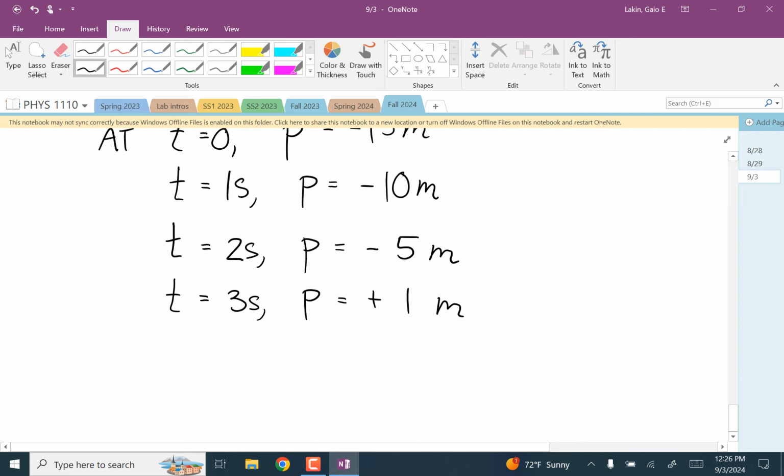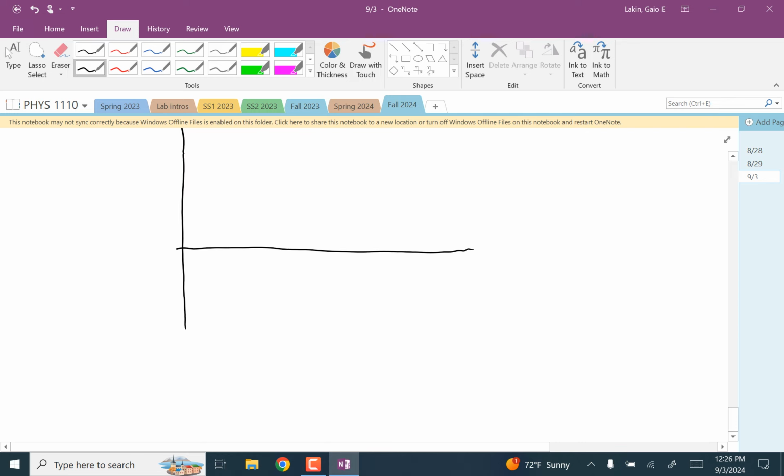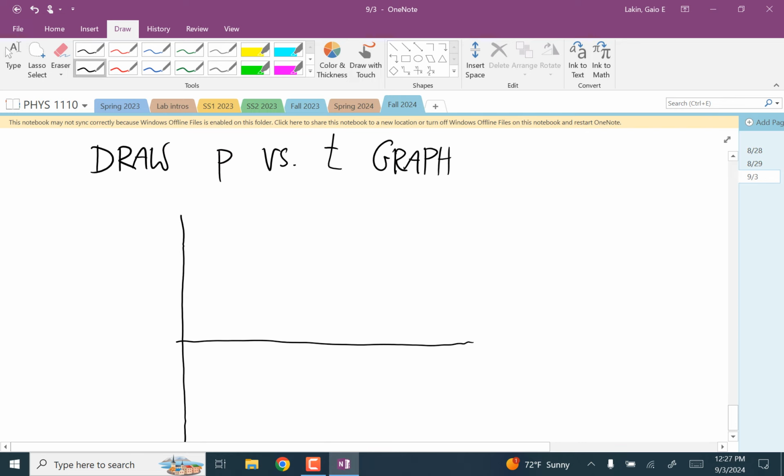And we want to draw a position versus time graph. Okay, well, these graphs are always going to have position on the vertical axis and time on the horizontal axis.